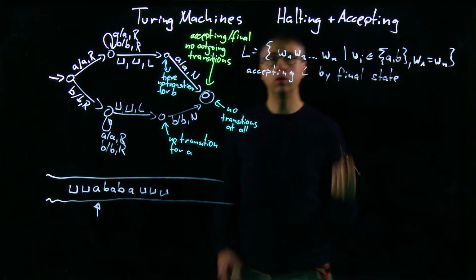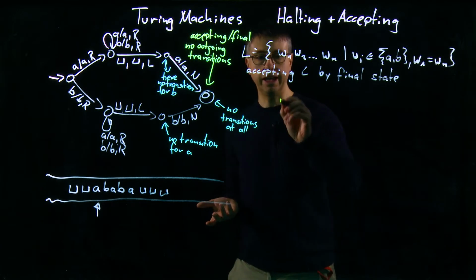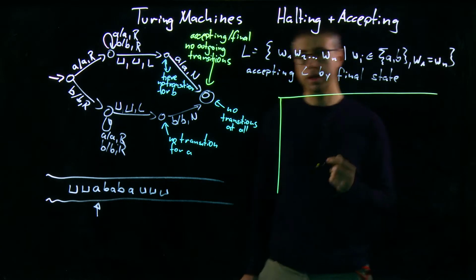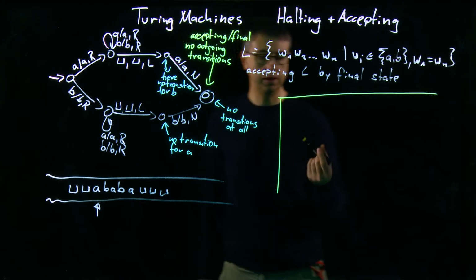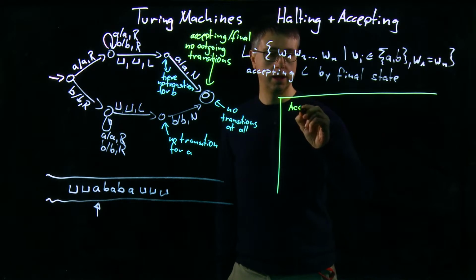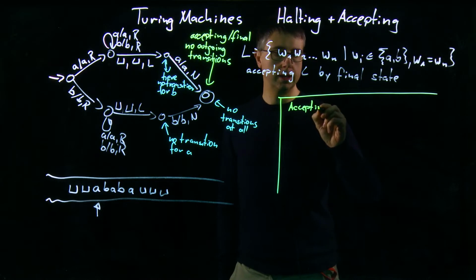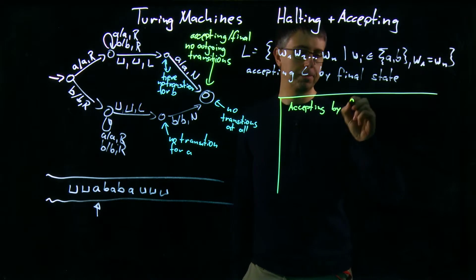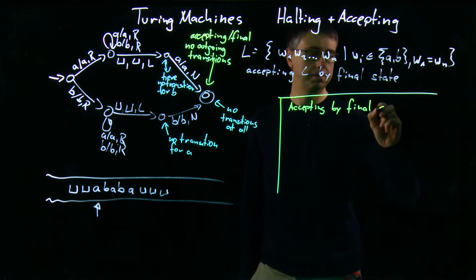Okay, I will now summarize what we've seen here for the two kinds of acceptance. The first one is accepting by final state.